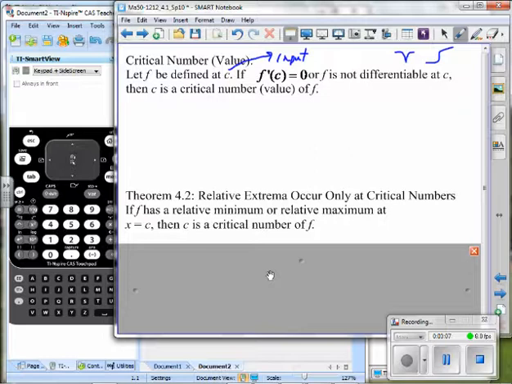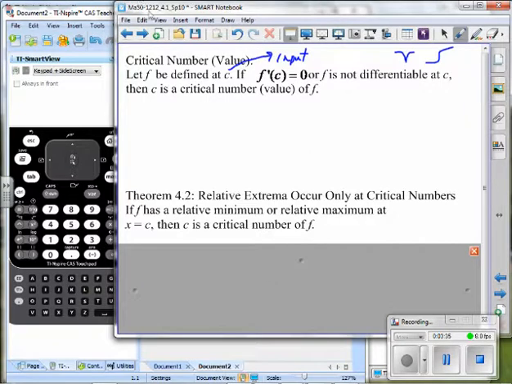Again, we throw these things into theorems so that later on, if some of you are going to be a math major and you get into Math 101, which is the theory of math, and you do lots of proofs, and your Calc 2 and Calc 3 professors may require you to do algebraic proofs, you need to go back and cite things like this. I know this is true because there's a theorem that says relative extrema occur only at critical numbers.